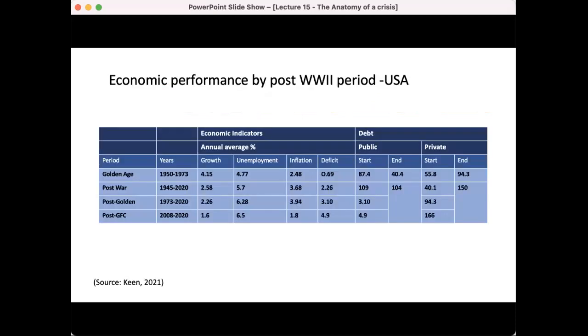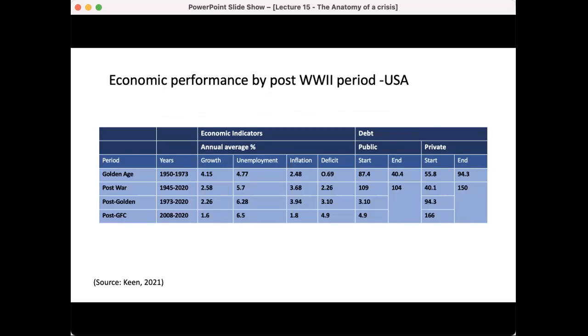So taking Steve Keen's figures, the period of the golden age on the left there, from 1950 to 1973, compared to post-war periods and the post-golden age period and the post-global financial crisis period, shows unprecedented levels of growth and lower levels of unemployment. Inflation and the levels of deficit are also manageable.